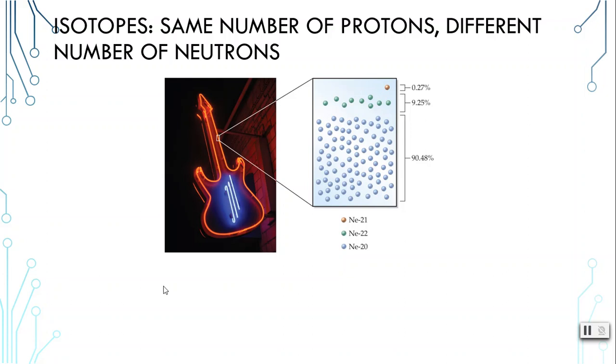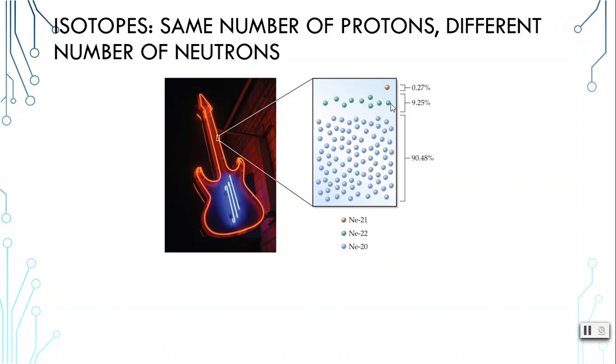Here's an example, maybe a more chemical example, of neon to illustrate the concept of isotopes. Let's say I was to take a sample of neon gas from this neon light. And if I was to analyze it, I would see that it's all neon gas. All of those atoms have the same number of protons, but some of them have a mass of 20.